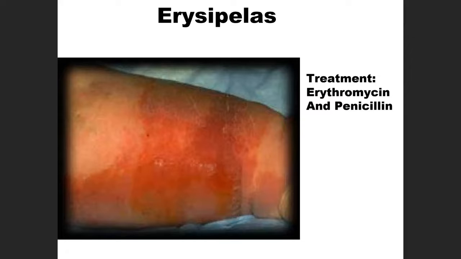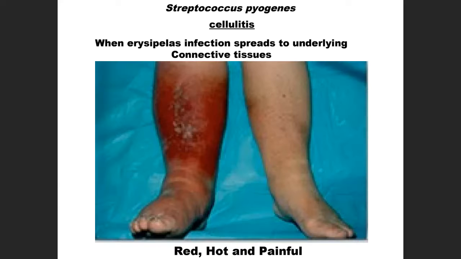Now, if the infection gets worse, this erysipelas can spread to more connective tissues in the surrounding areas, a little bit deeper, and that could cause what's called cellulitis. Okay, so cellulitis is really a worsening erysipelas infection, and cellulitis is much, much more painful. It's very, very hot to the touch, and you have a lot of inflammation going on, and it's very red.